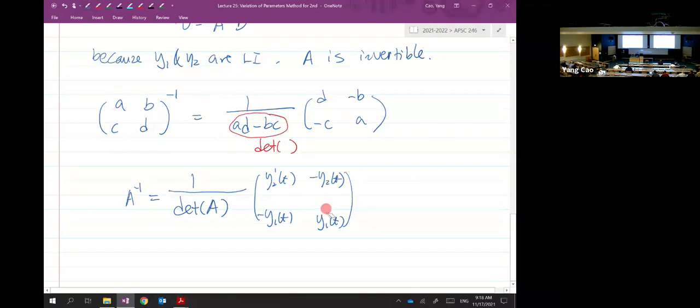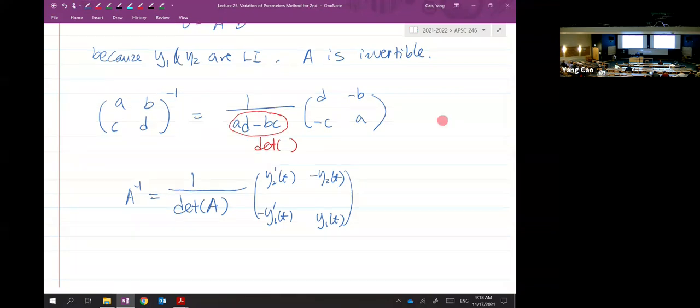Sorry, all the primes, the non-primes, so just be careful here. This is y1 here, negative y2, negative y1 prime, and y2 prime over there. So that's your A inverse.